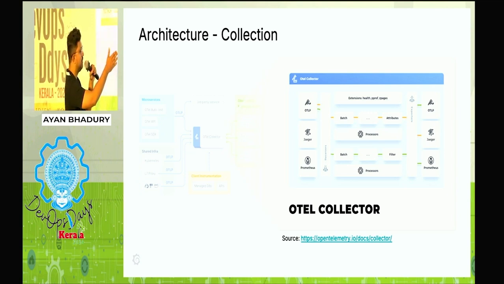There are attributes, and you can actually sample them. For example, let's say I want only data to be available which has the 500 error code. So you can sample those on the processor side. Then you have the exporters, where you can send this to Jaeger, Prometheus, Grafana, or to other different vendors.